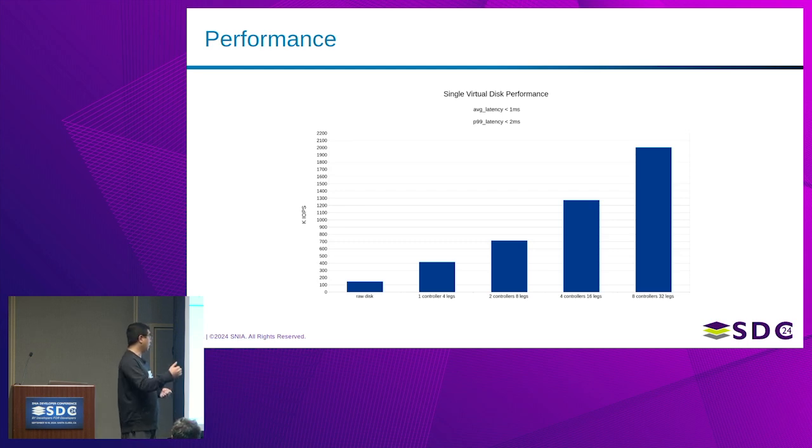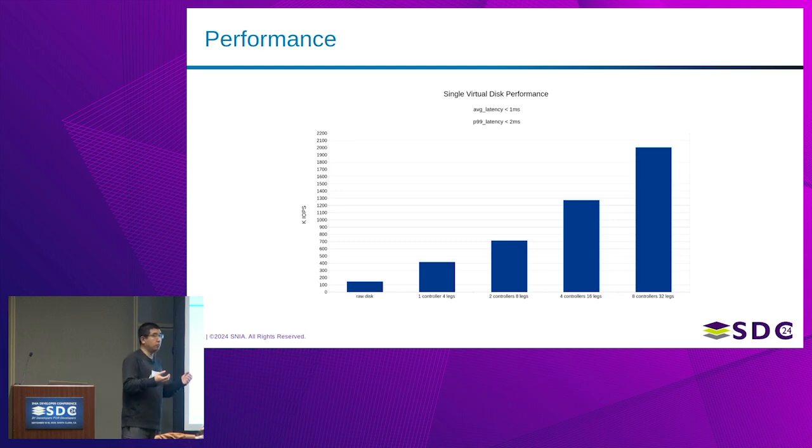Four legs means we have 4 raw disks, and on 2 of them, I create a RAID 1. In this case, we can have 400K IOPS, and then I continue to increase the controllers and increase the legs. Finally, when I use 8 controllers and 32 legs, I can have more than 2 million IOPS.